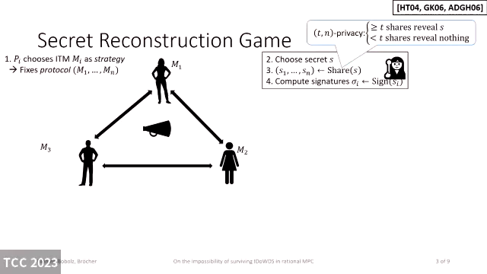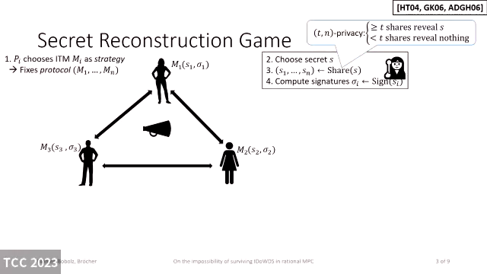Finally, the trusted setup ends with computing signatures on each share, such that we can overcome the second part of the attack from the toy example before. And then these are distributed among the parties.